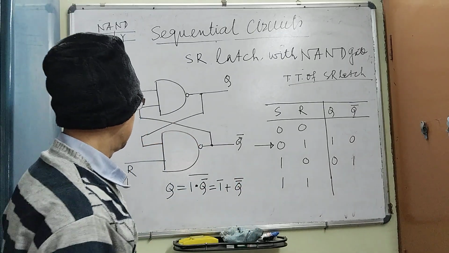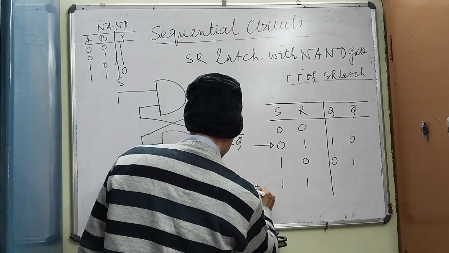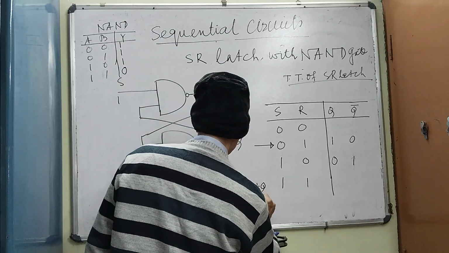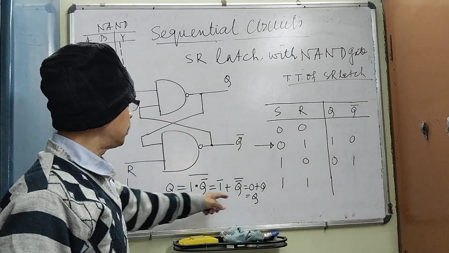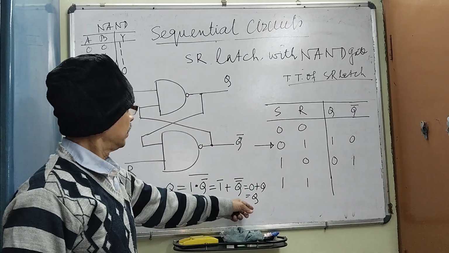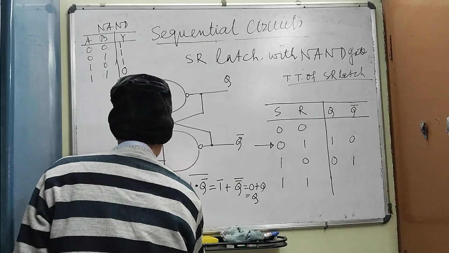Q bar bar, what happened? This is equal to 0 plus Q, that is equal to Q. That is, Q equal to Q.